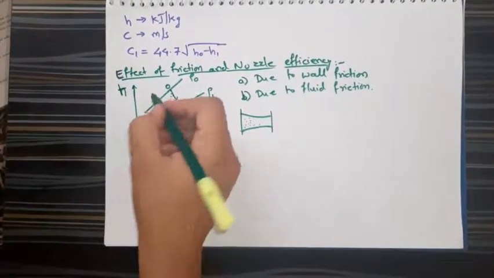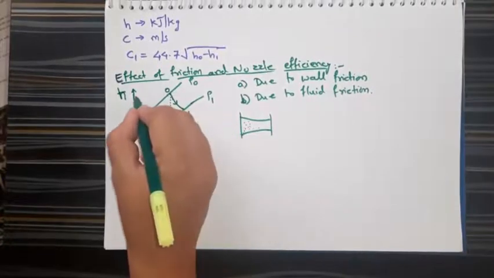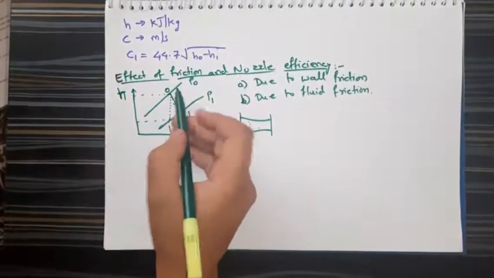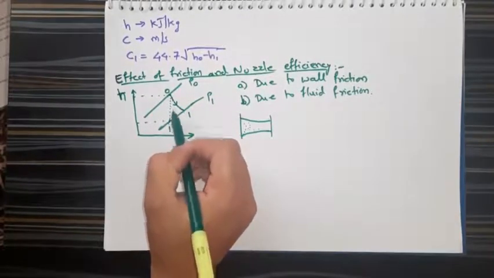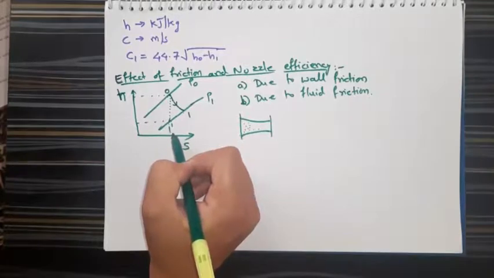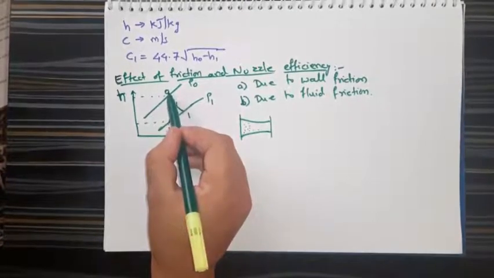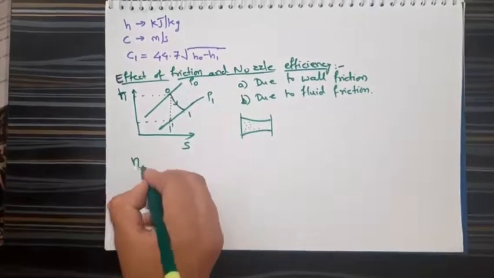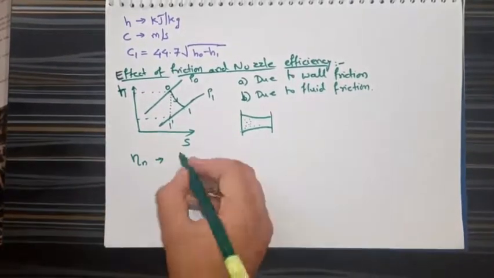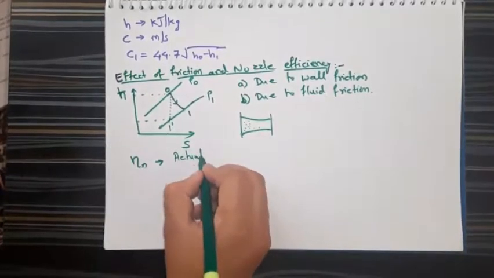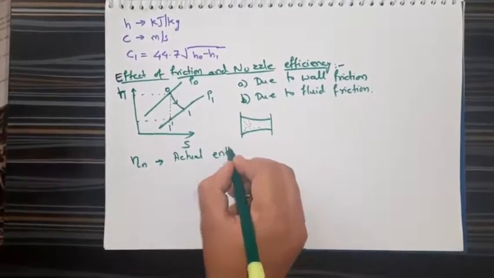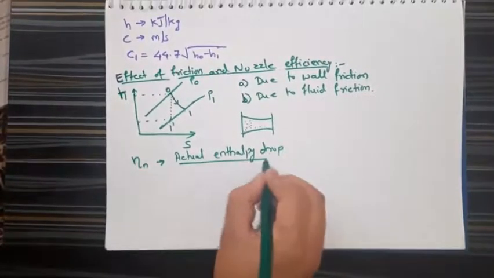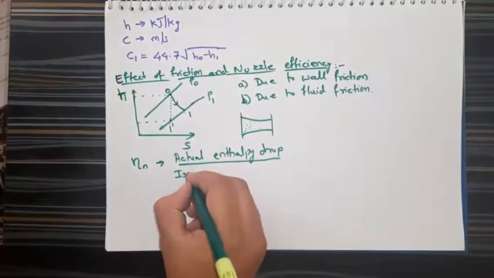Now, instead of getting the enthalpy change from H0 to H1 dash, we are getting H0 to H1. So we can write here nozzle efficiency, that is, actual enthalpy drop to isentropic enthalpy drop.